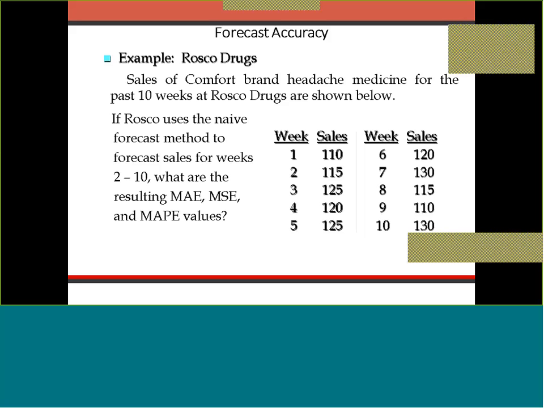Because we want to know the accuracy of this method. So using the past data of weeks 1 to 10, we want to forecast weeks 2 to 10 by the naive forecast method, and we want to discuss the accuracy parameters. Okay.